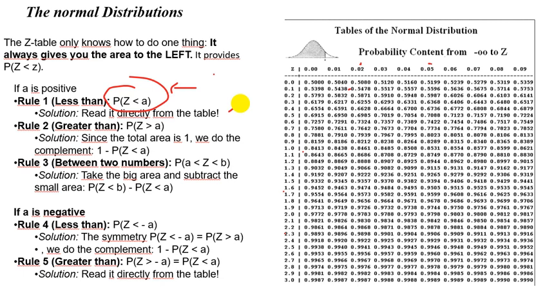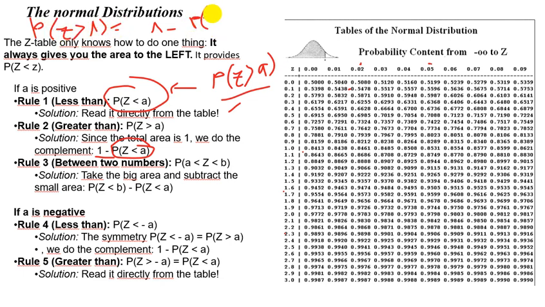But imagine now the question is P of z greater than a. We don't have this in the table, so what we have to do is convert this greater than to less than. How to do this? With 1 minus. So it is 1 minus P of z less than a. Now we can do the calculation. For example, if I have P of z greater than 1, it is 1 minus P of z less than 1.